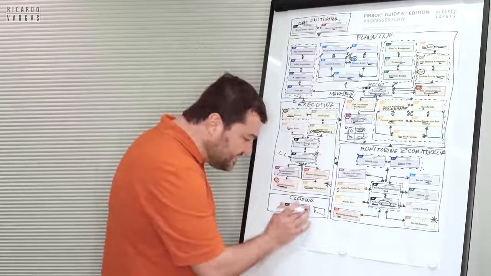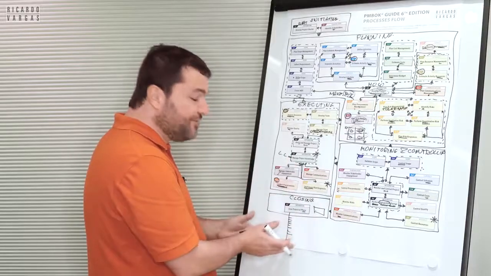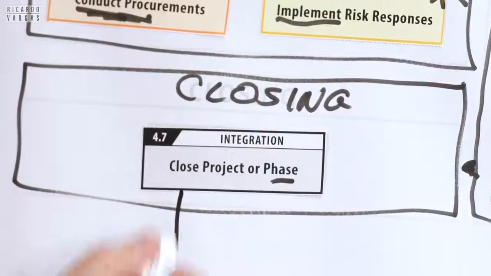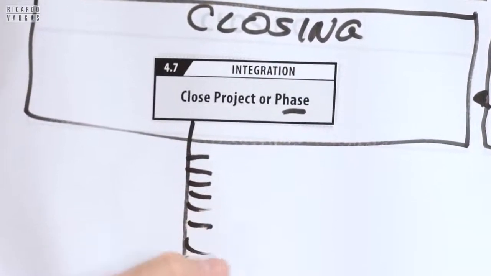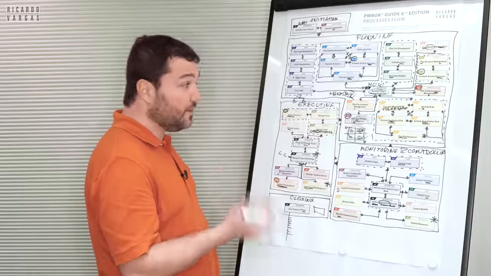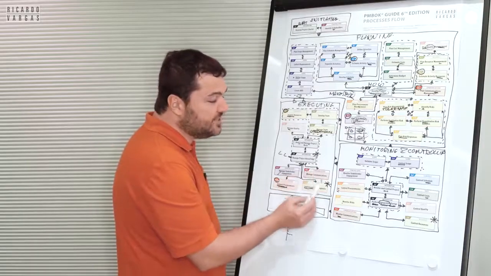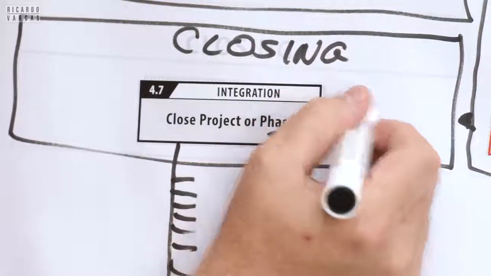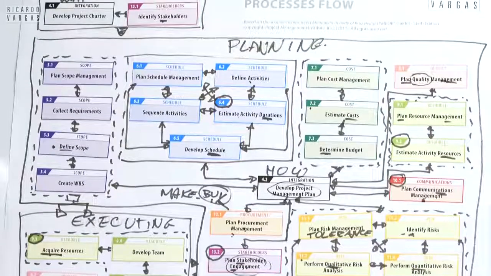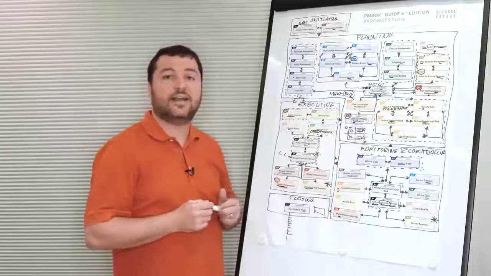So the closing is just this close project or phase to simplify and to unify that here you are closing basically everything. So the old 47 processes, 47 boxes, became now 49. Why 49? 47 plus the 3 new ones, 50, minus this one, 49. So this is the full set of the Pmbok guide.